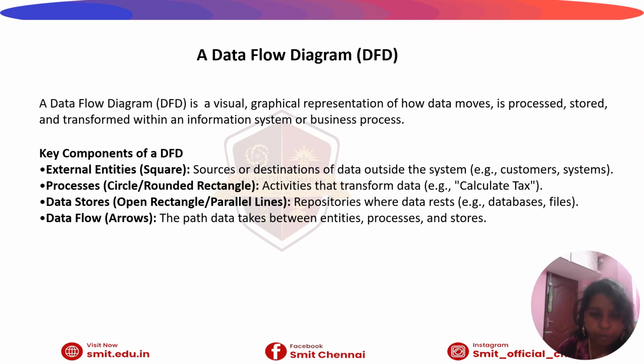Next is the data store. These are represented by an open rectangle or parallel lines. These are the deposits where data rests. In general, these are nothing but databases, files, and so on. Data flow is an arrow mark. This connects the external entity with the process and with the data stores.